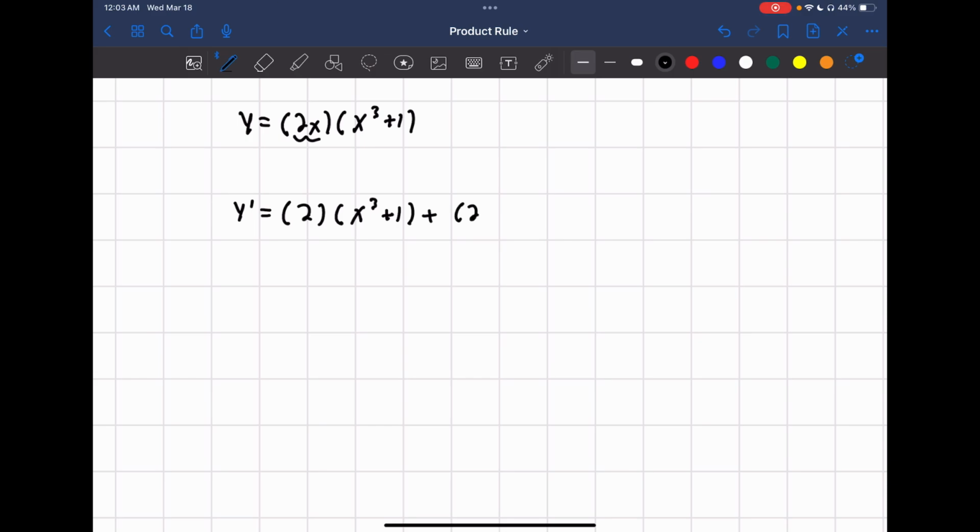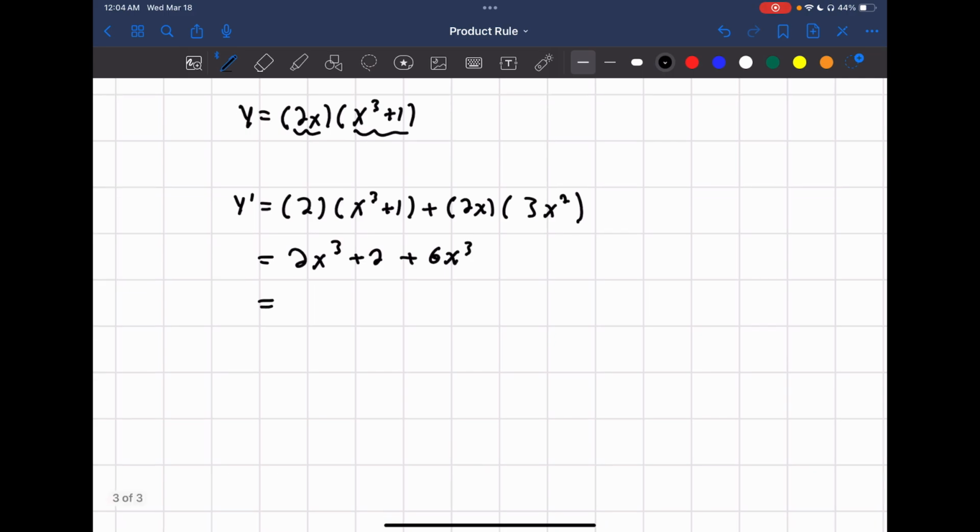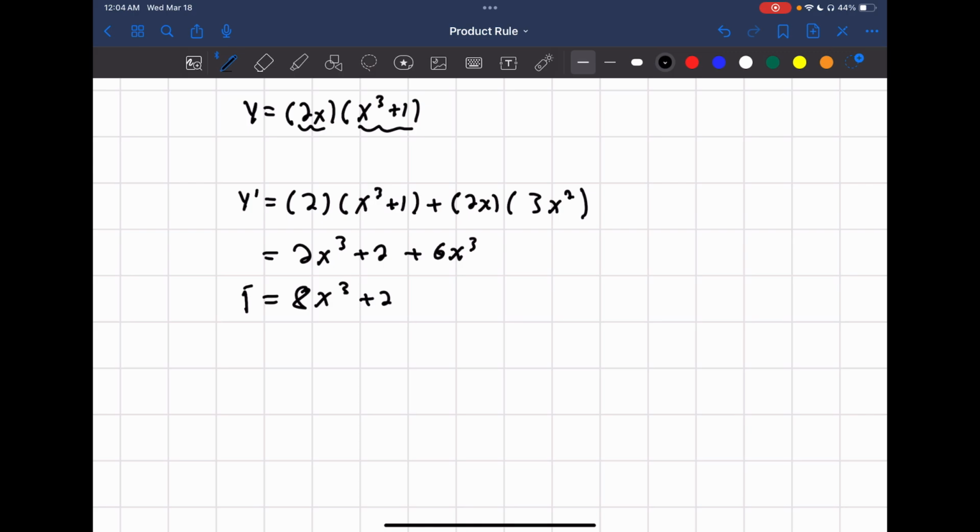And now the second step will be to differentiate g of x, which is 3 times x squared. And we'll simplify this. So this would then simplify to 8 times x to the power of 3 plus 2. And this would be our final answer.